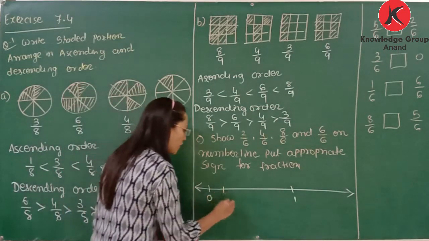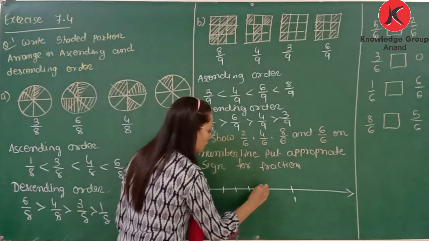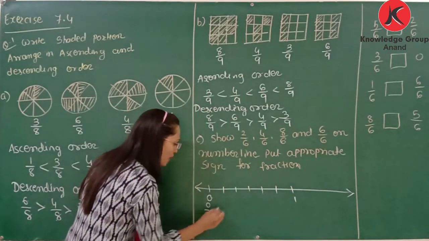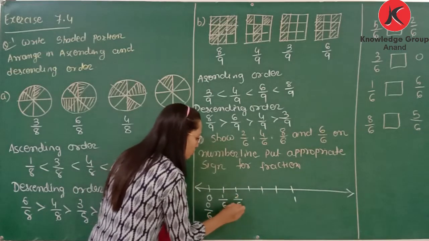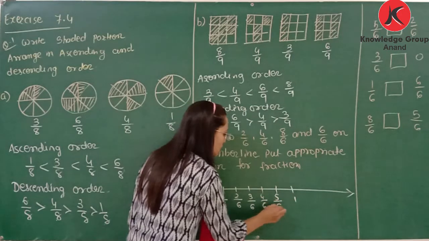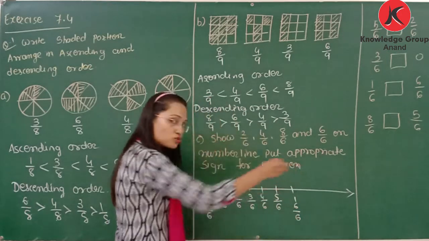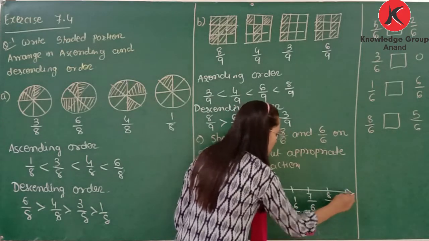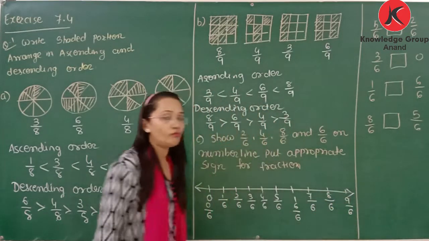So let's divide 1, 2, 3, 4, 5 and 6. So here this will be 0 by 6, 1 by 6, 2 by 6, 3 by 6, 4 by 6, 5 by 6 and 6 by 6. Also we can write further, it is 7 by 6, 8 by 6, 9 by 6.